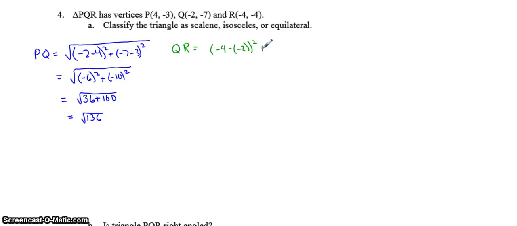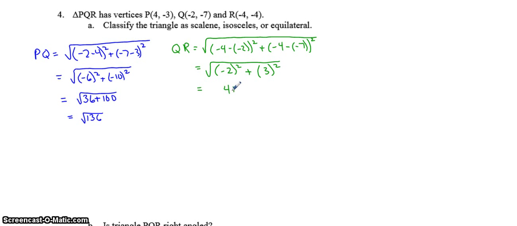x2 minus x1 squared plus y2 minus y1 squared, and the square root of that. So that becomes -2 squared plus 3 squared. All right, so we have at least two sides of different lengths, so it's not equilateral.